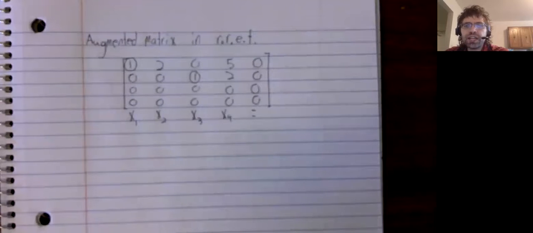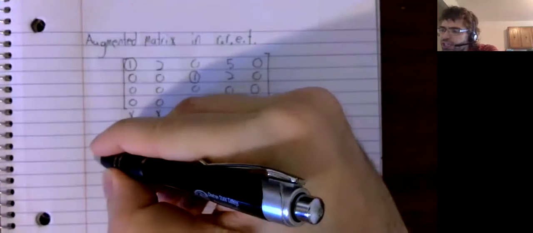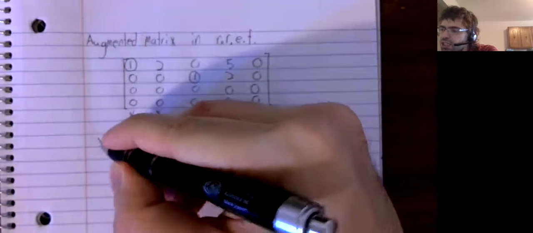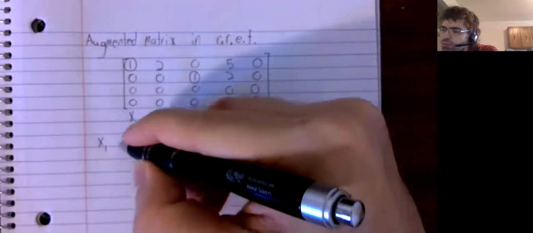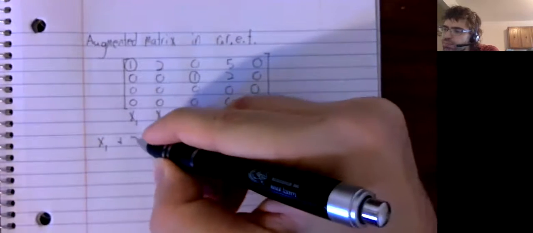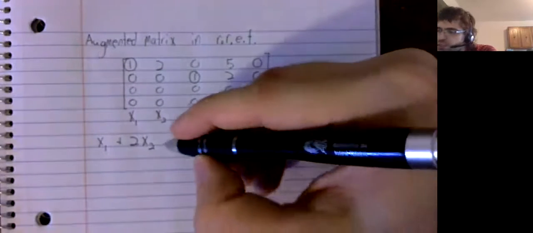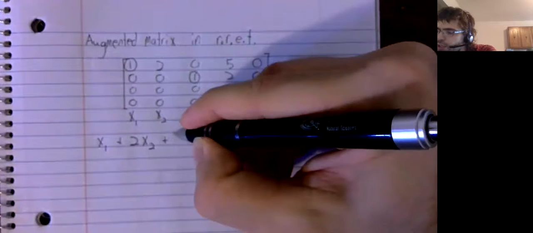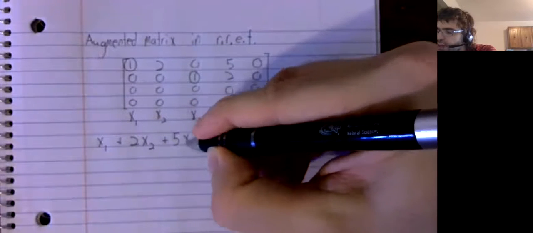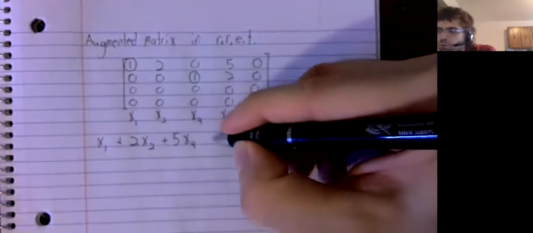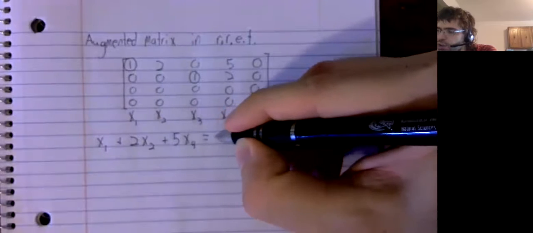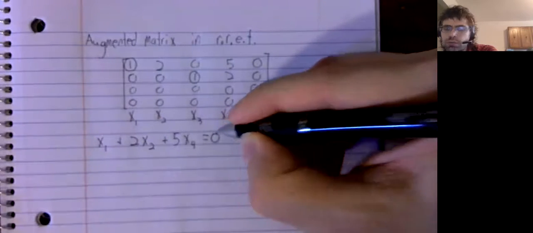And we write down the equations corresponding to these rows. x1 plus 2x2 plus 5x4 equals 0.